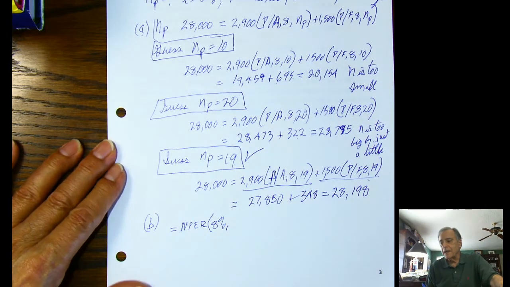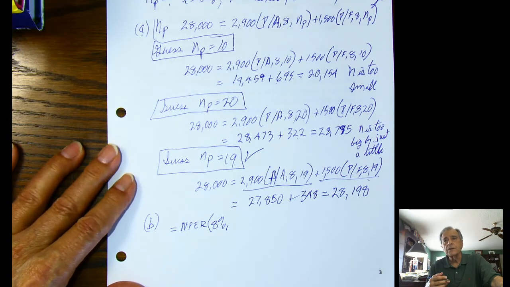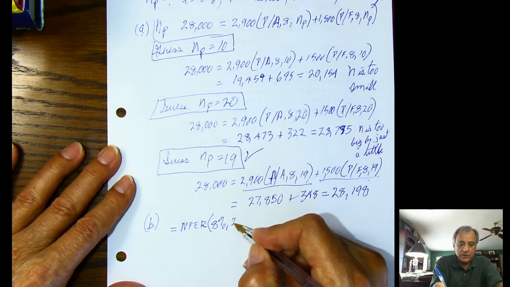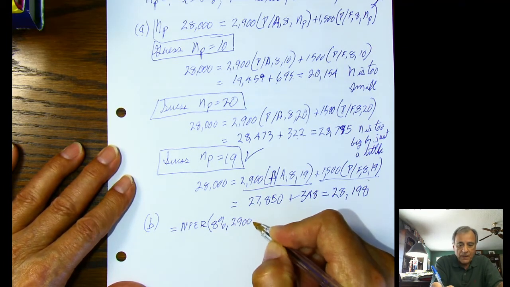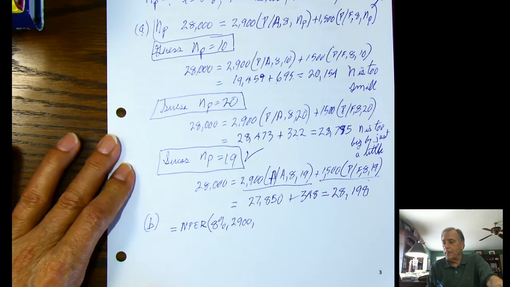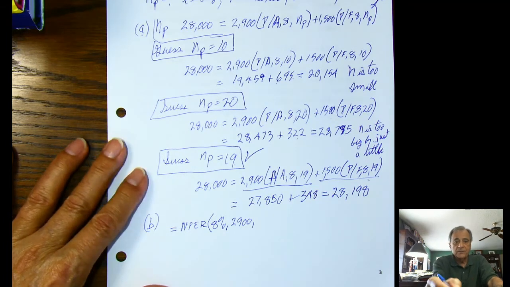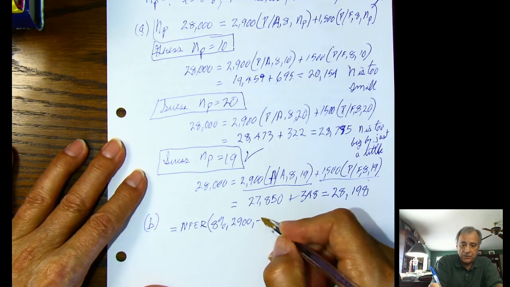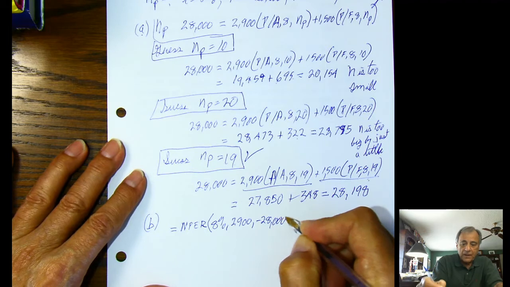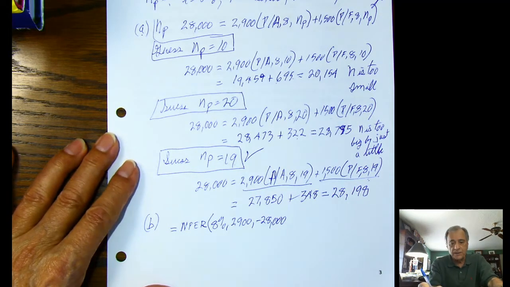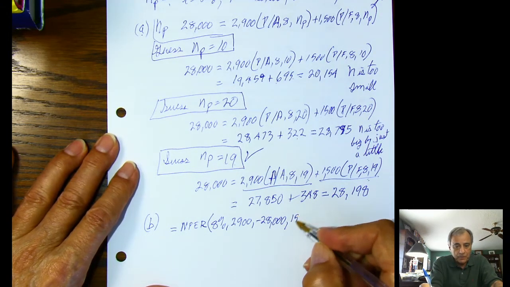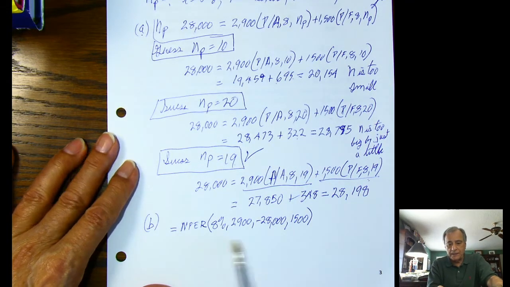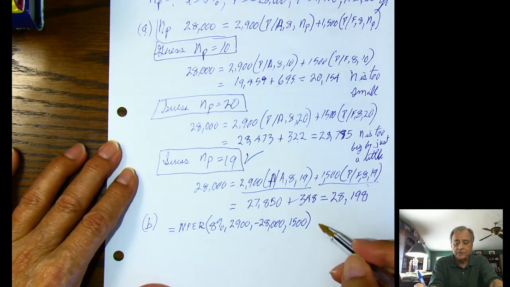The next thing it's going to ask you for, if you have a uniform series, is an A value. And sure enough, we do, 2,900. The next thing it'll ask you for is the present value. Well, the present value is minus 28,000. So I put in minus 28,000. And then it asks you for the future value, and that's the salvage value, 1,500.